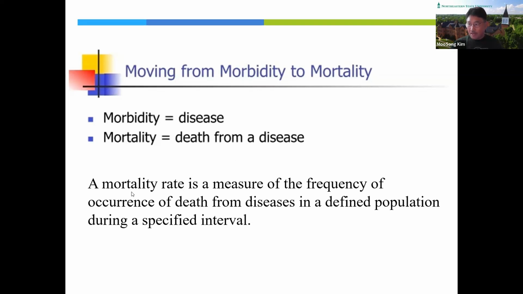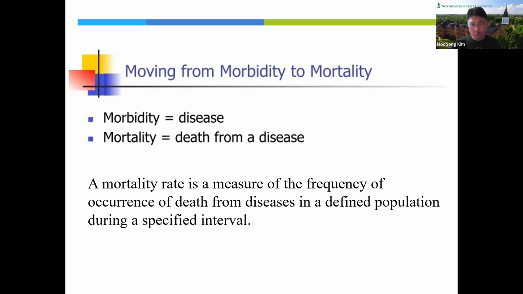A mortality rate is a measure of the frequency of occurrence of death from disease in a defined population during a specified interval. We're going to talk about many different types of mortality rate, like annual mortality rate, age-specific mortality rate, sex-specific mortality rate, case fatality, and proportionate mortality rates.